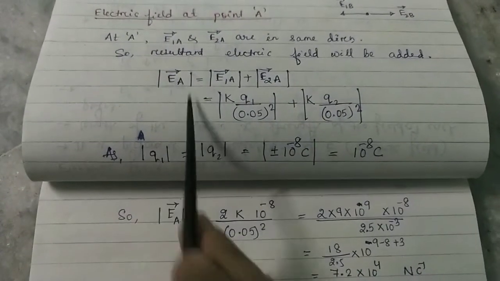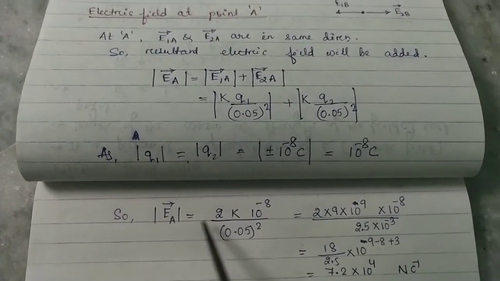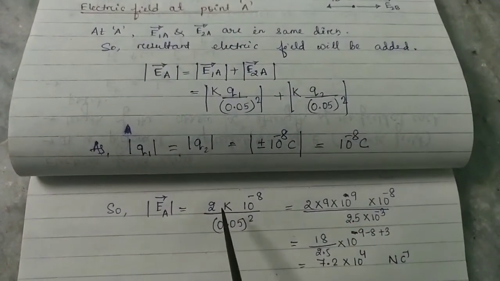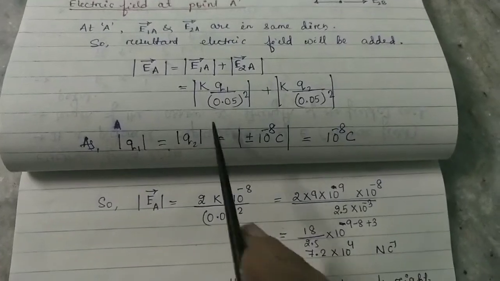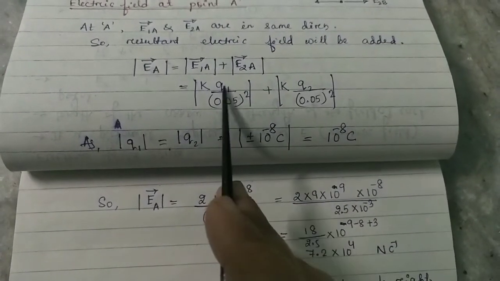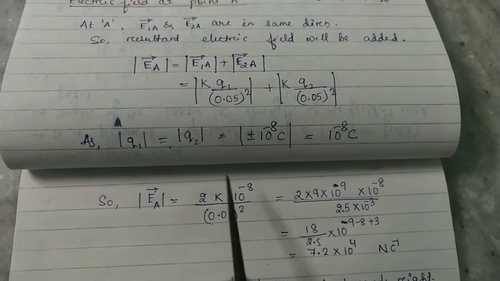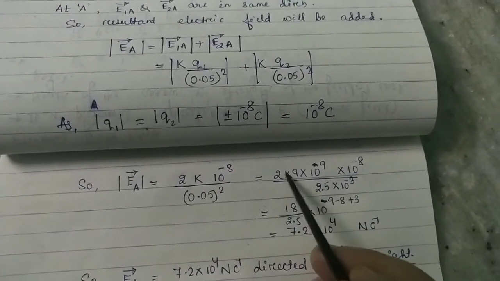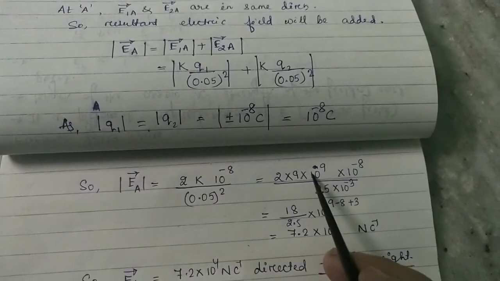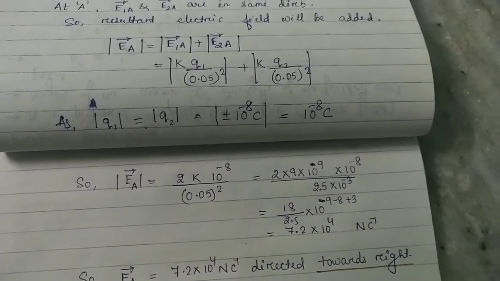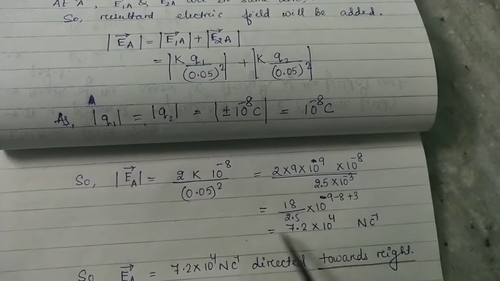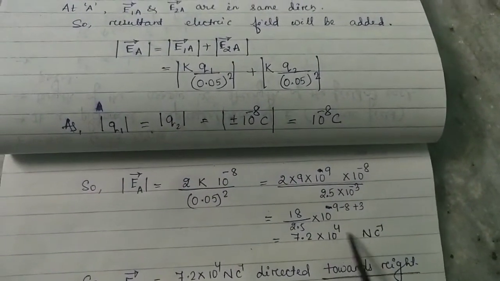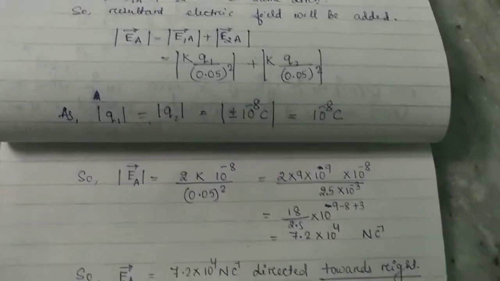So we'll find the magnitude of E1A. For example, if x plus x is 2x, so I have written 2 into k into 10 to the power minus 8, this charge, divided by 0.05 square. If we solve this by putting the formula, 2 into k value 9 into 10 to the power 9 into 10 to the power minus 8, divided by all this, mathematically we will get 7.2 into 10 to the power 4 Newton per coulomb, which is the unit for electric field.